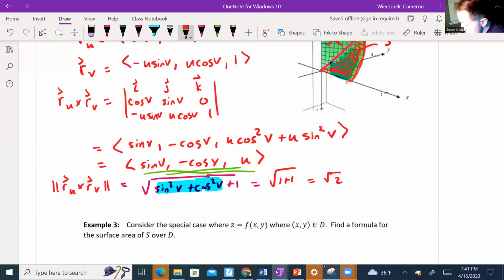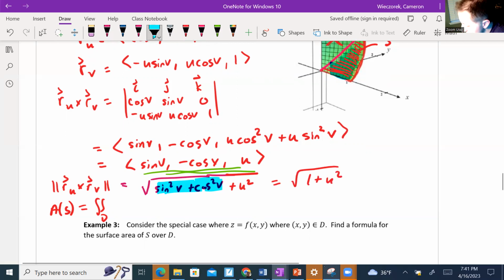All right, so the area of my surface is just going to be double integral over D of that magnitude of that cross product, which is going to be, oh, sorry, that's not rad 2. Losing it. U squared, I'm sorry. So this would be still a 1, but it's not 1 plus 1. It's rad 1 plus u squared.